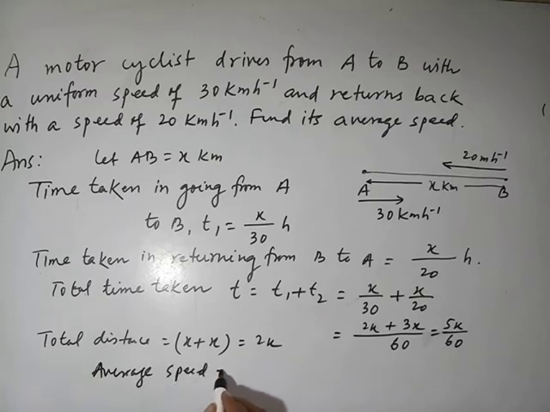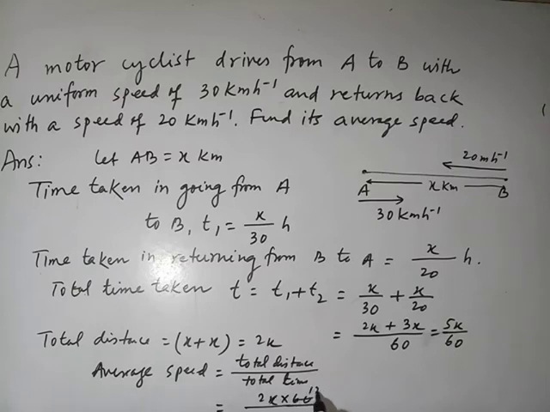Now the average speed is equal to total distance by total time. The total distance is 2x, and the total time is 5x by 60. So the x cancels, 60 and 5 cancel, and it is 24 kilometers per hour.